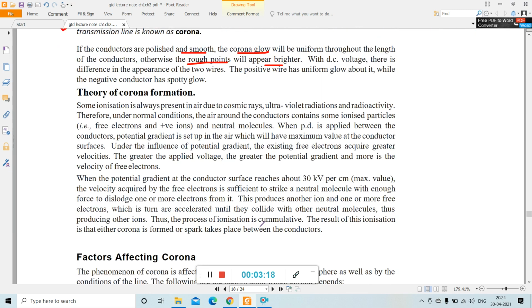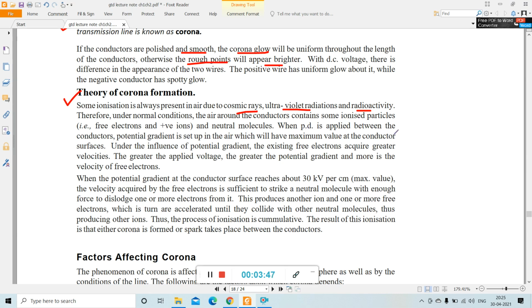Now we will study the theory of corona formation, how the corona will form. Some ionization is always present in air due to cosmic rays, ultraviolet radiations and radioactivity. Therefore, under normal conditions the air surrounding the conductor contains some ionized particles, that is free electrons and positive ions, and neutral molecules.